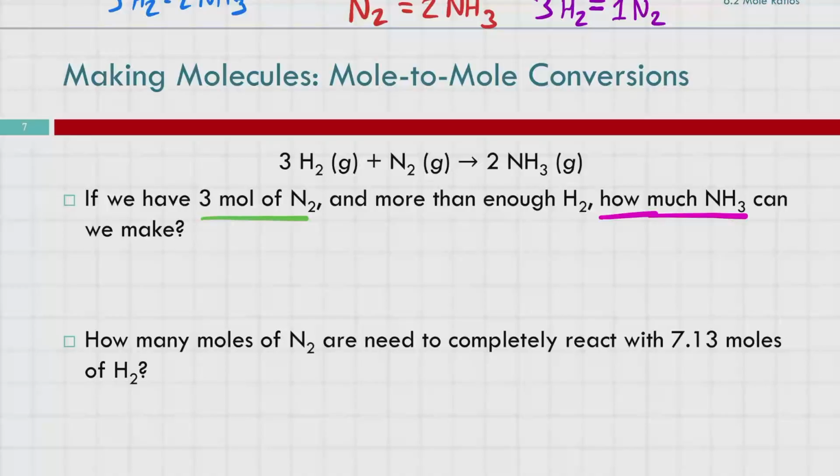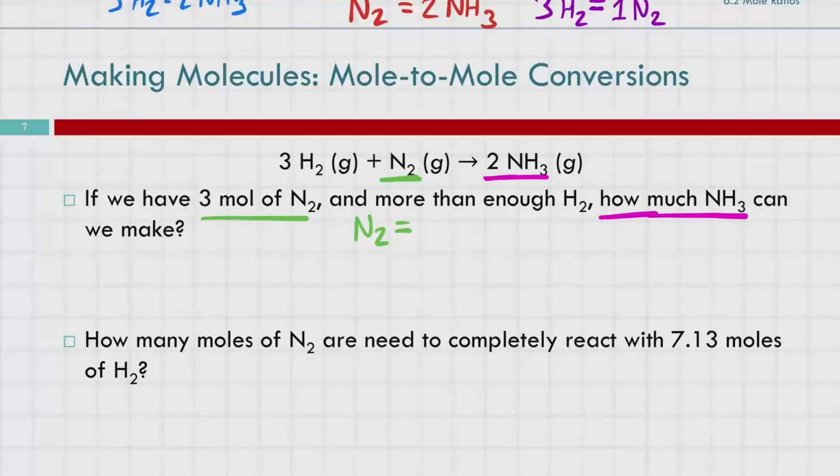It's the first thing that's mentioned. We've got N2. We were given a number of N2. And we were asked to find what? NH3. So that's the other thing that we care about. So the two things we care about are the N2 and the NH3. We underline those, and we can pull those out to make our conversion factor.